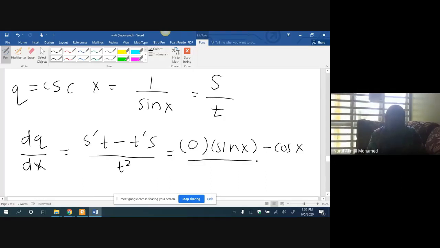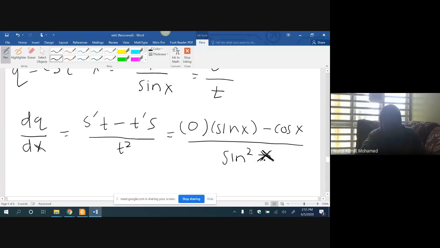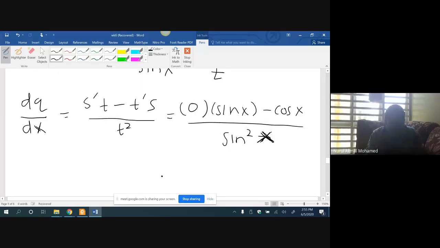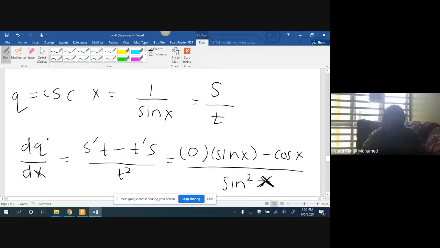And you divide everything by T squared, so sine squared X. So the answer here is negative cos X divided by sine squared X. So this is dq dx.